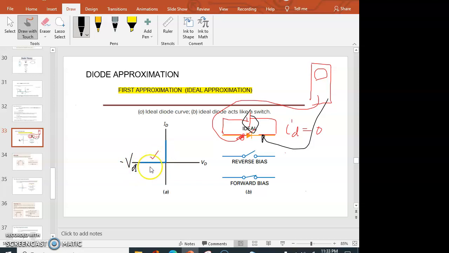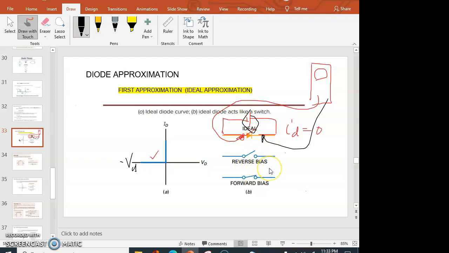You don't have a value for the current because we treat the diode as an open under the reverse bias, and applying a tester across the diode will simply read the supply voltage, which is the applied negative supply voltage. So that is for the reverse bias. We see the diode as an open switch.